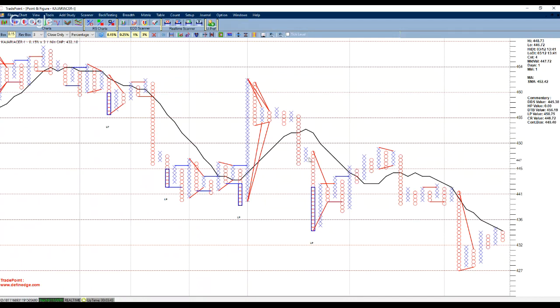So there are a lot of patterns that we talk about in point and figure, right? The popular ones being a triangle pattern, or a bull trap, or a bear trap, or a low pole, or a triple top buy, or a triple bottom sell. So these are the popular patterns. So what we can do is just decide to focus on the follow through entries.